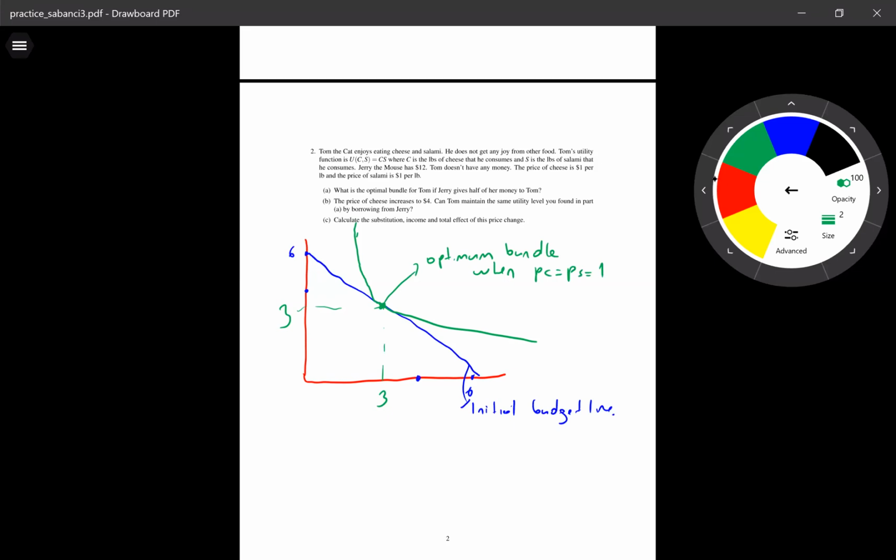Then to find the substitution and income effect, after the price change we need to first find the new optimum bundle.